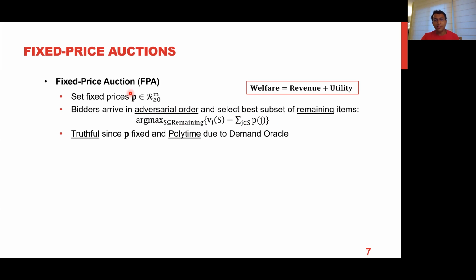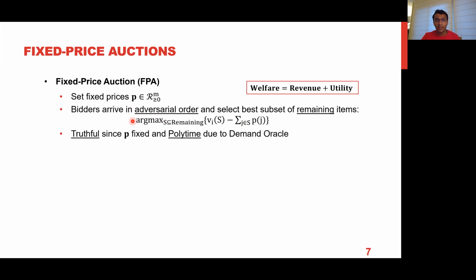So what's a fixed price auction? You just set up fixed prices for these items, and now bidders walk in one by one. They take their best set of items, and then the next bidder comes, and among the remaining items, they take their best set, and so on. And the question is, what approximation of the welfare can we get using these fixed price auctions? The interesting point about these fixed price auctions is, first of all, they are truthful simply because the prices are fixed.